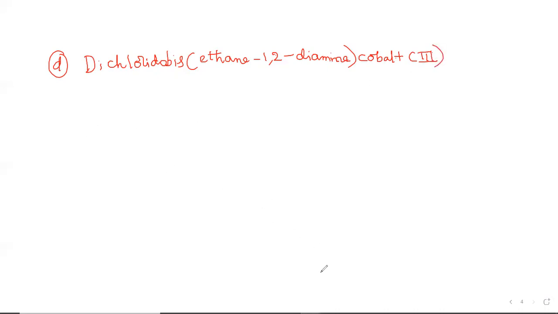So this is the name they have given to us.